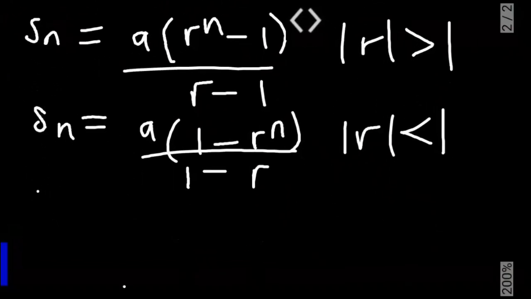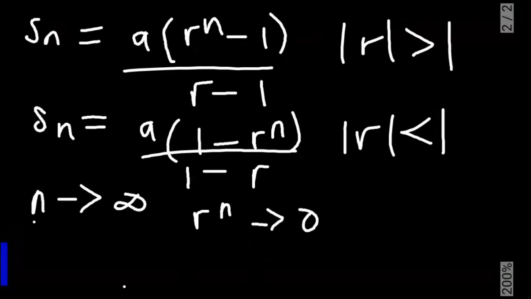The number of terms might be getting to infinity. So if this happens, it means that r raised to the power of n would also be getting to 0.